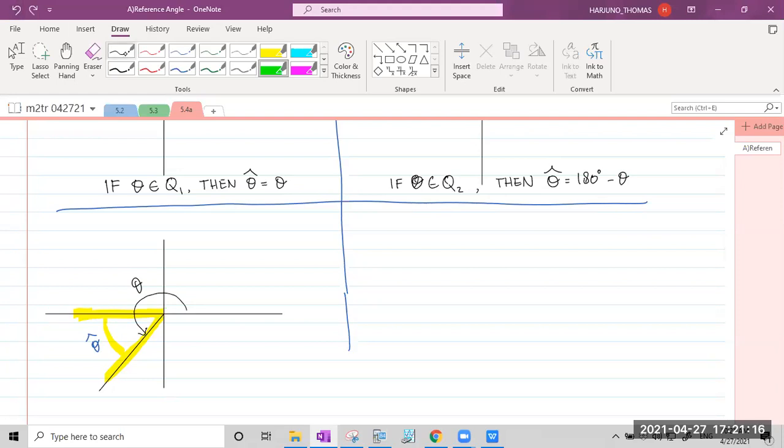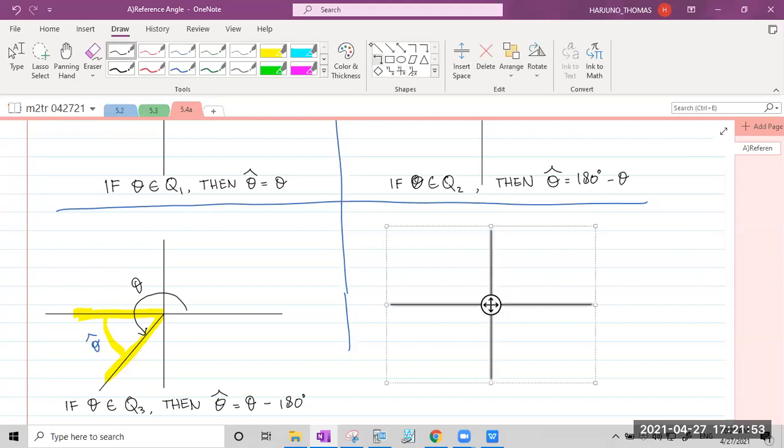So if theta is in quadrant 3, then theta hat is theta minus 180 degrees. So first you need to identify which quadrant theta is located in.